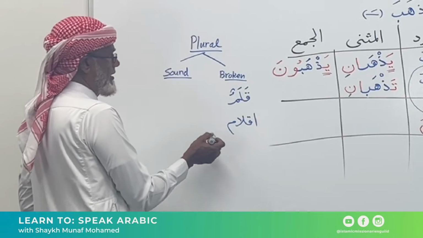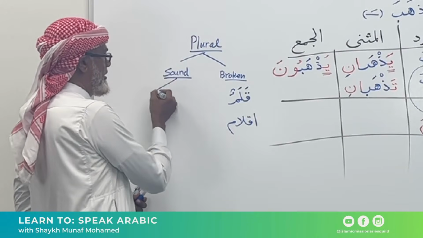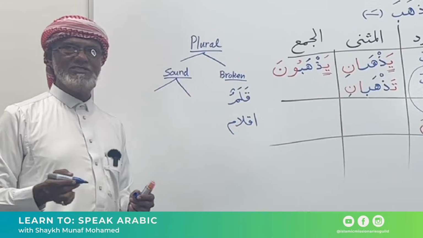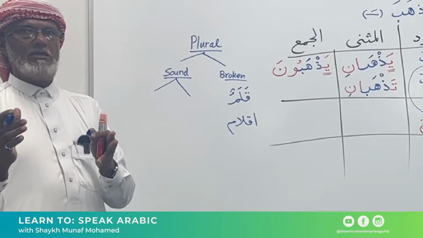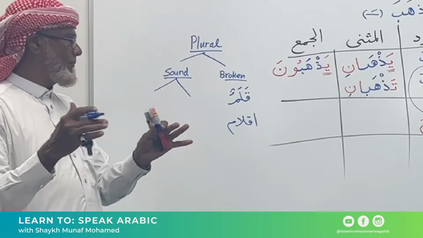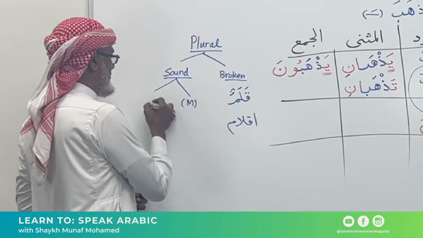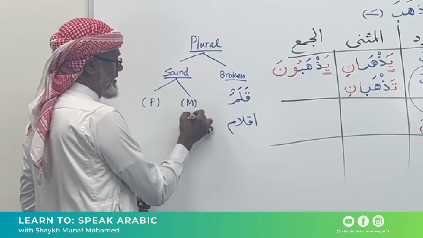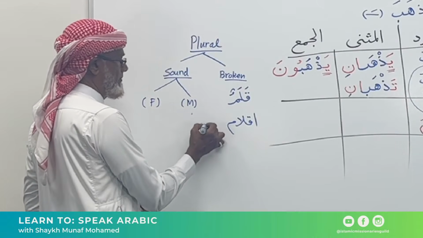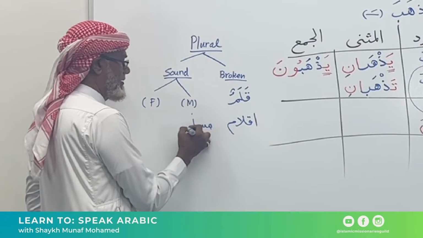Okay? But for the sound plural, right, the singular is intact. All right? It's not broken up. So for example, let's say you have for masculine and you have for feminine. So we look at masculine. For example, you have the word Muslim. All right?